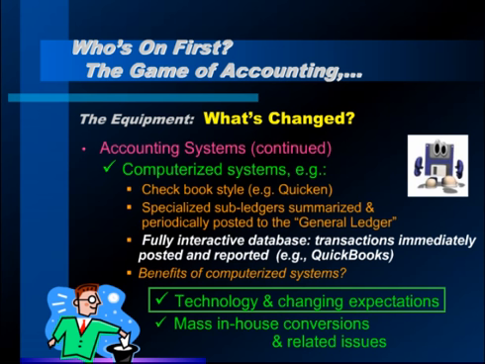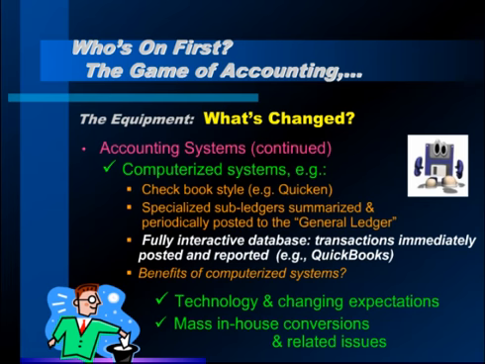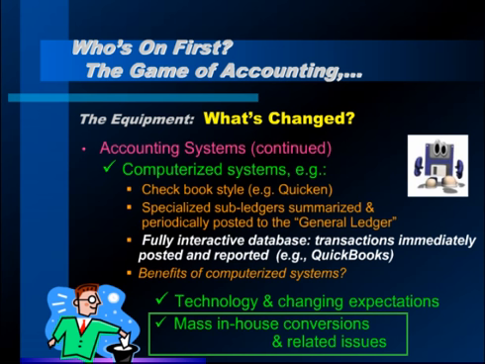Third, with all this extra power, our software programs continue to become more powerful, and programs are being designed to make them much more user-friendly. And of course, one of the main benefits of QuickBooks is that it's one of the most user-friendly accounting programs on the market.